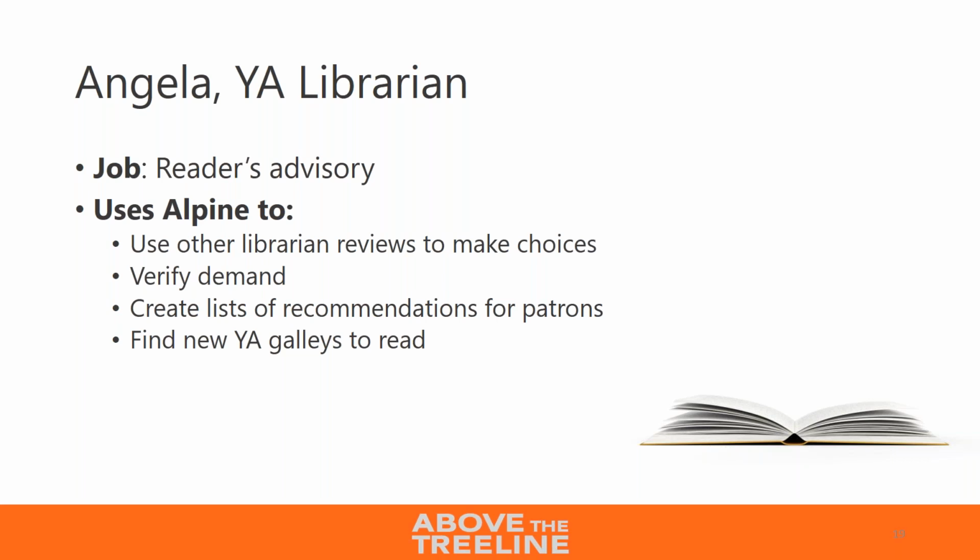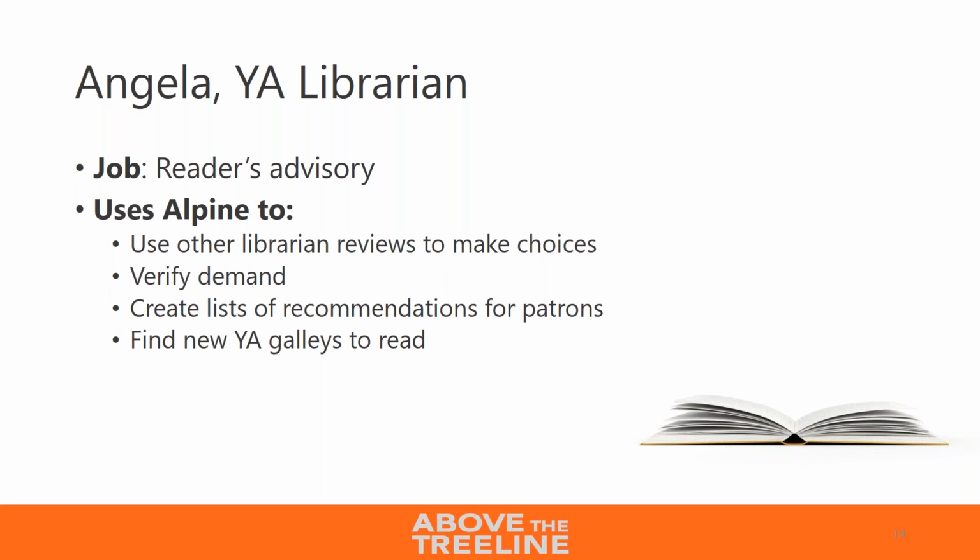So this other person is Angela. She's a YA librarian, and she works on Reader's Advisory. She makes lists of things. So she's using Alpine to do a few things, to home in on that affiliation, see what reviews are available, and help her decide on YA titles to take in.